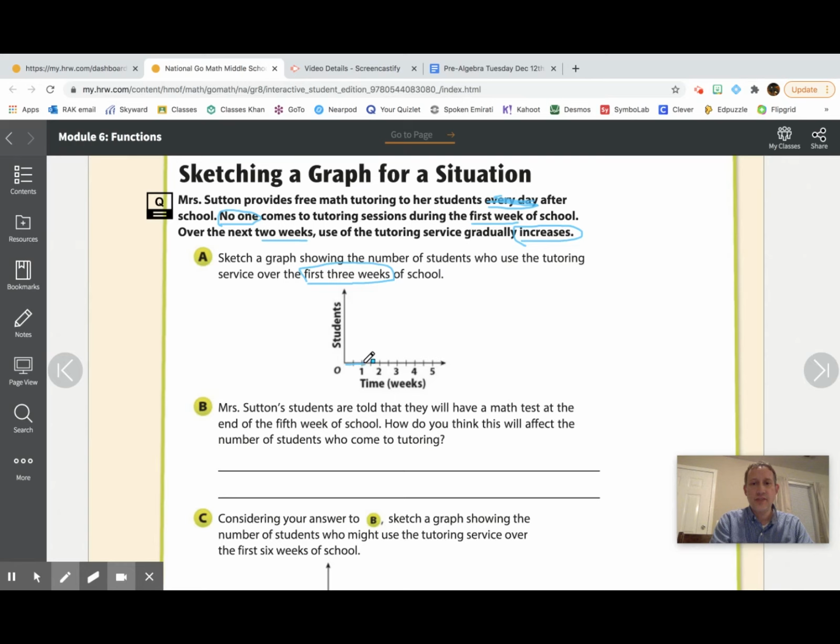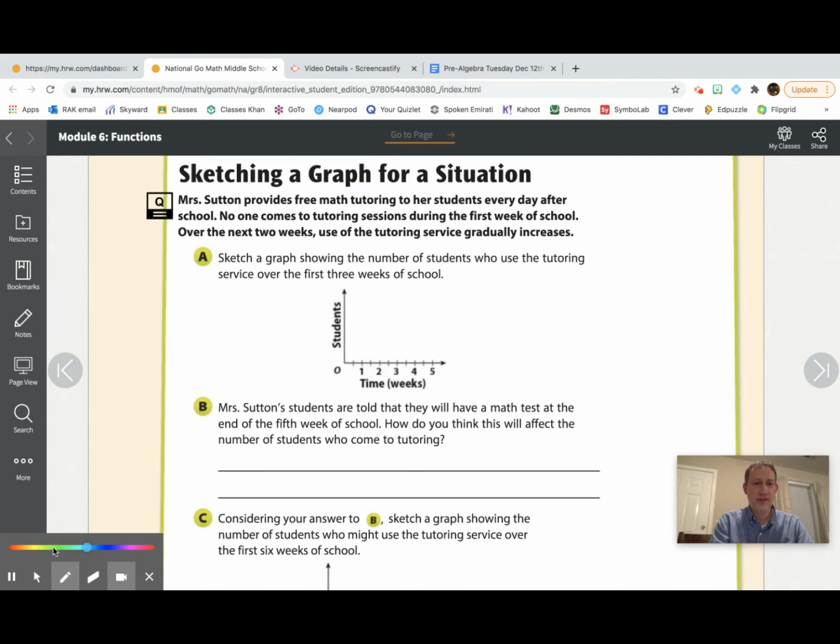So it could look something like this. It's gradually increasing, okay? And that's number of students. Maybe you went from 0 to, and really, because you don't have half of a student, let me go back on that. It's going to be a little more choppy. So it's going to look something more like this.